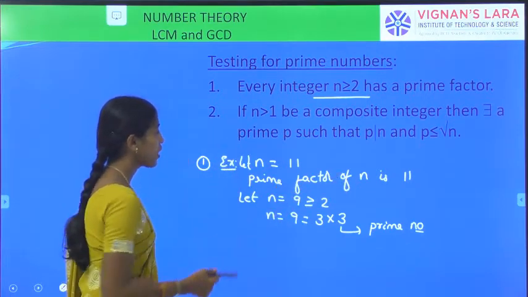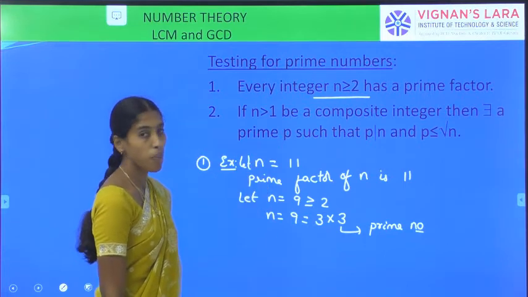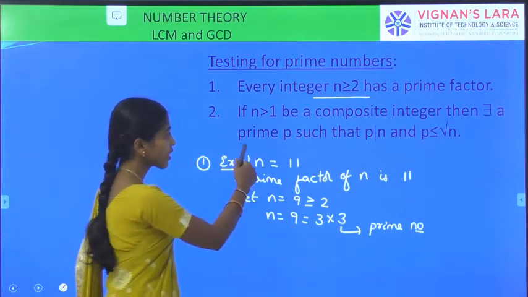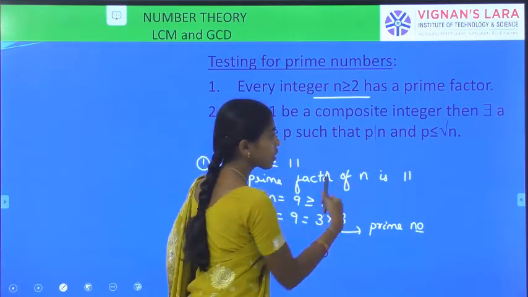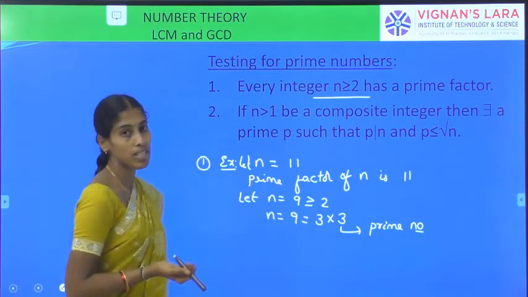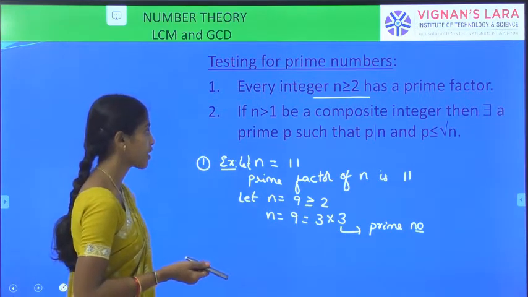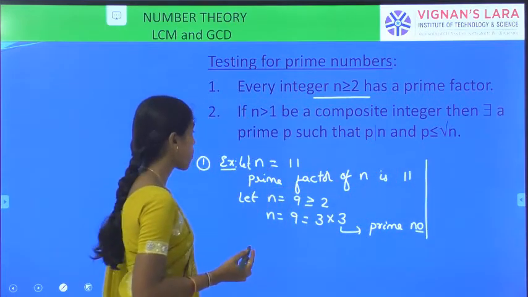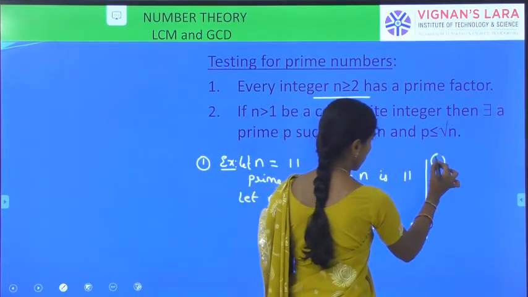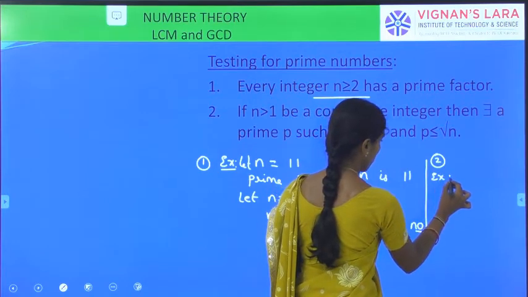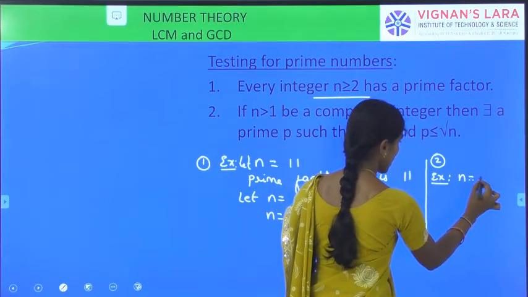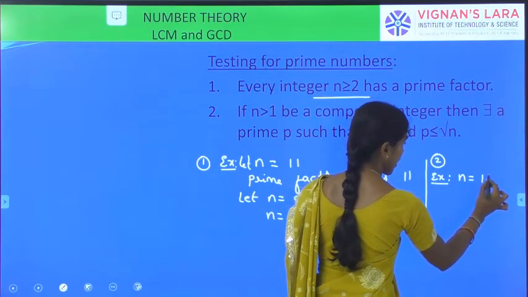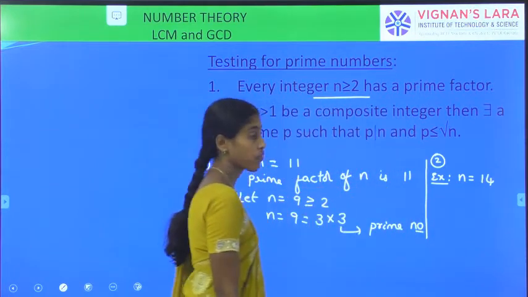Now the second one: if n greater than 1 is a composite integer, then there exists a prime p such that p divides n and p is less than or equal to square root of n. So we consider one example for the second one. n is equal to, let us take it as 14.